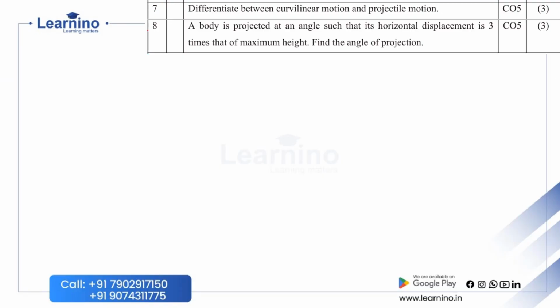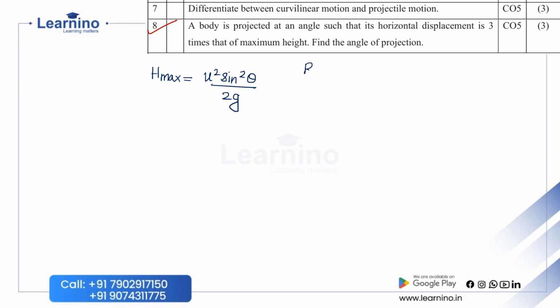Next question. A body is projected at an angle such that its horizontal displacement is 3 times that of maximum height. Find the angle of projection. What is the equation for maximum height in a projectile motion? That is u square sine square theta divided by 2g.